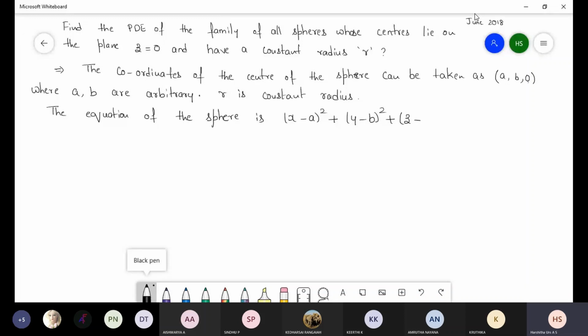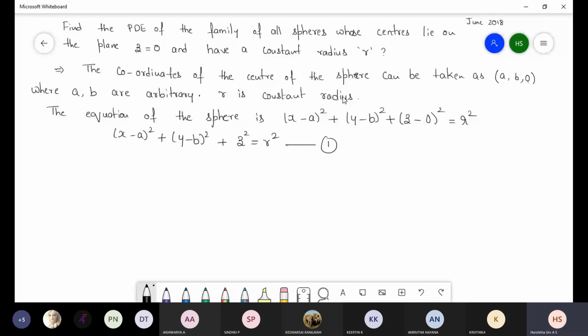So z minus c, here the c value is 0, whole square is equal to r square. Next, (x minus a) whole square plus (y minus b) whole square plus z square is equal to r square. Let us call this equation 1.